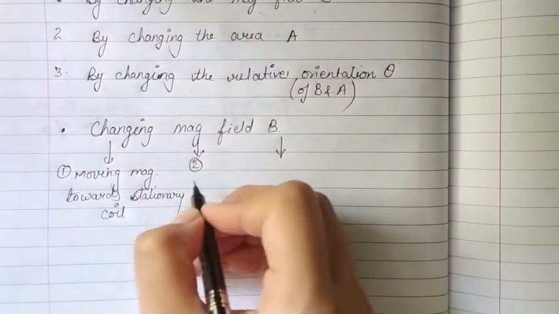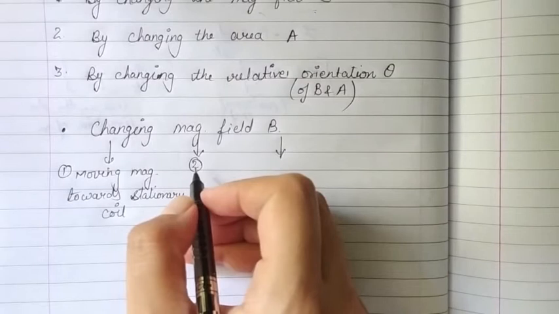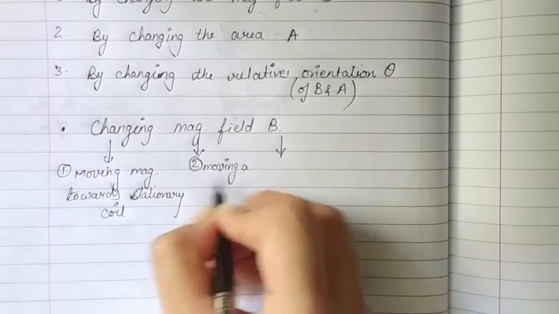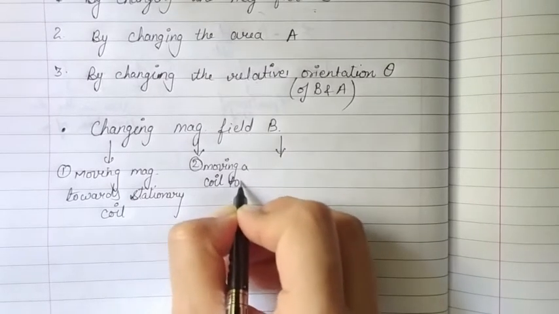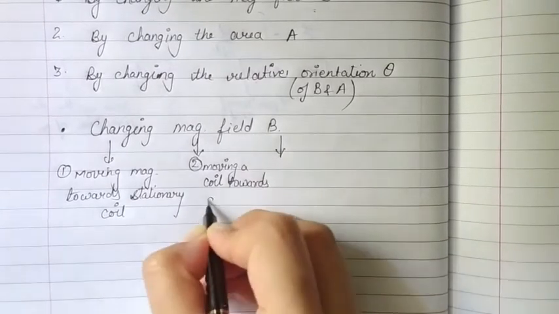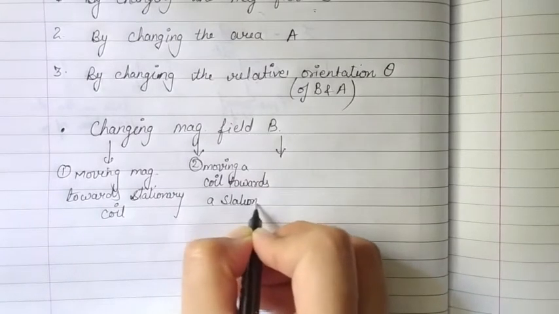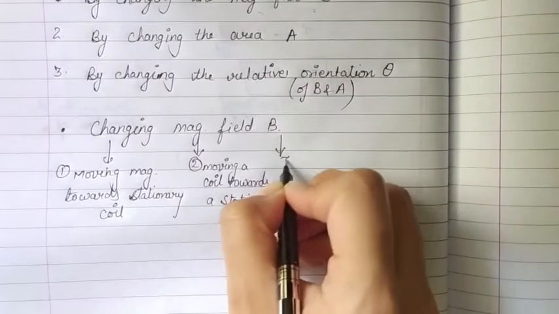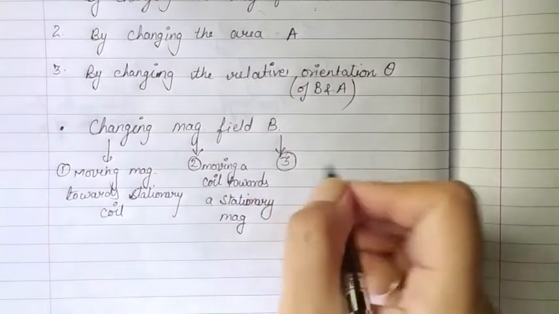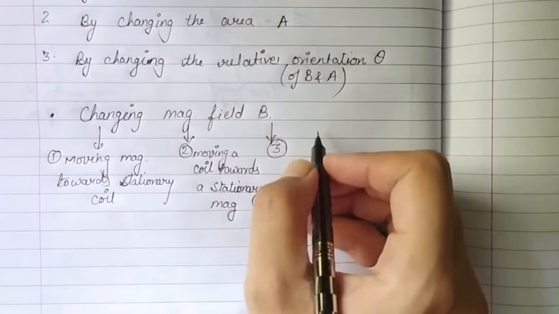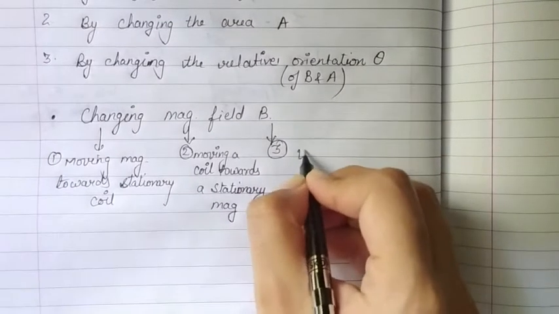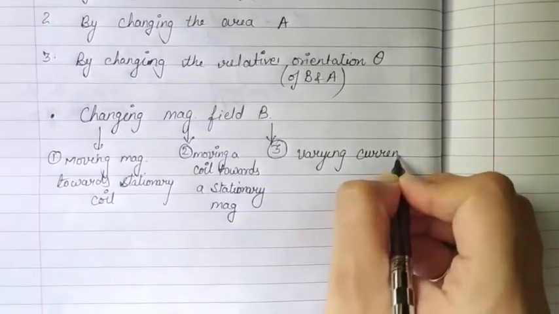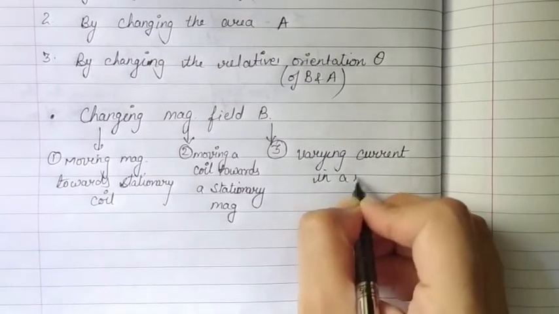The second possibility is moving a coil towards a stationary magnet. And the third possibility is changing the current in a neighboring coil, means we want to vary the current in a neighboring coil.